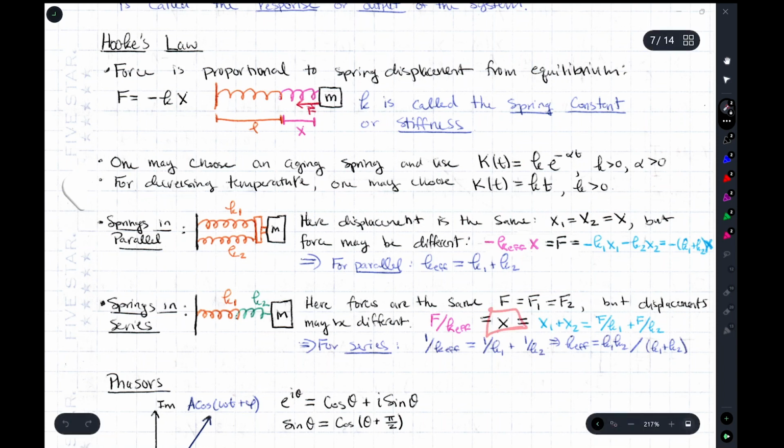So if this x is the total extension of both springs, it's going to be equal to the sum of each spring's extension, x1 plus x2. So this is what we have there, that relation.